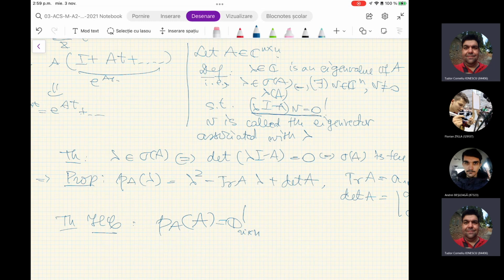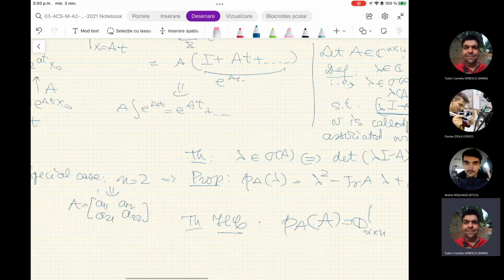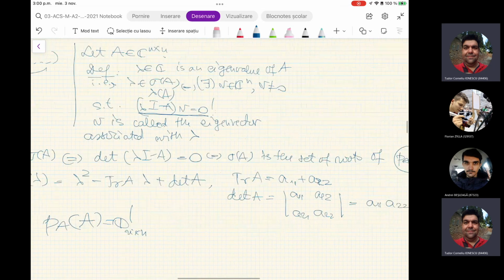This is the Hamilton-Cayley theorem, which is one of the most wonderful mathematical results, saying that an algebraic equation is verified by a matrix. So this is a recap about eigenvalues and the characteristic polynomial for second-order matrices.